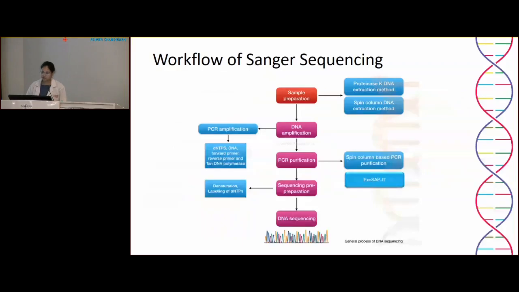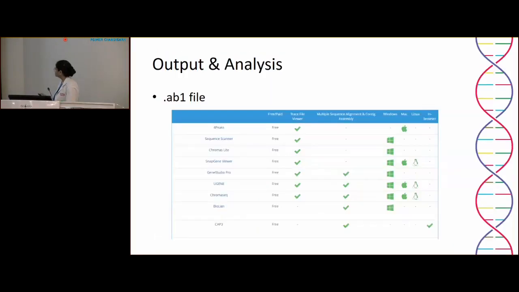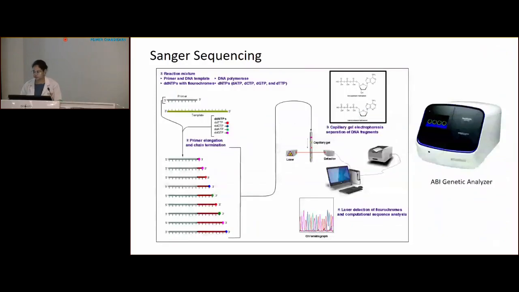So it has a very simple workflow and can be standardized in any lab. It is based on the chain termination method, where you use dideoxy fluorescently labeled nucleotides. And this is the instrument which we have in our department, which we use for Sanger sequencing of various diseases.